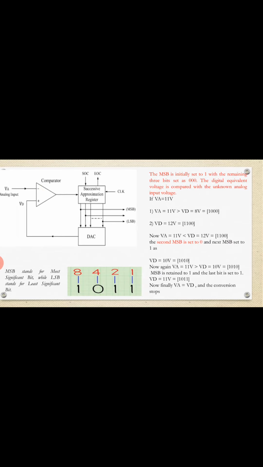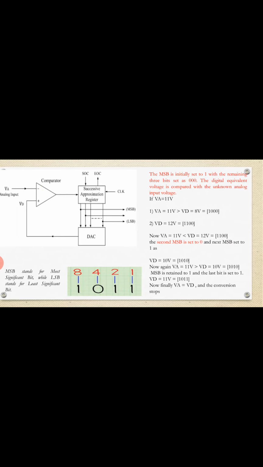So now the value becomes 1100. 1100 is nothing but 12 volt. Now it is compared again with 11 volt, and VD becomes 12 volt. So VD is greater than the input analog voltage 11 volt.